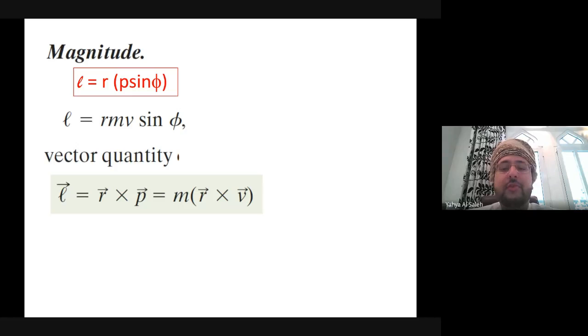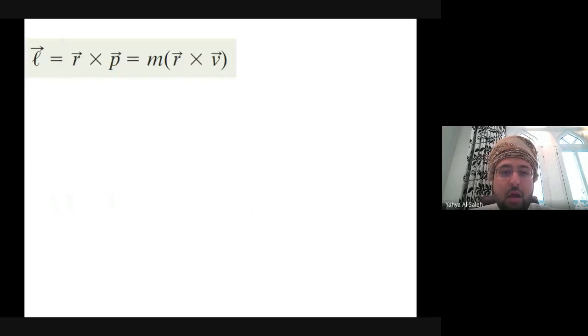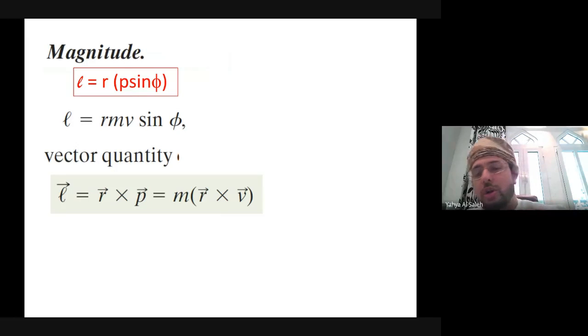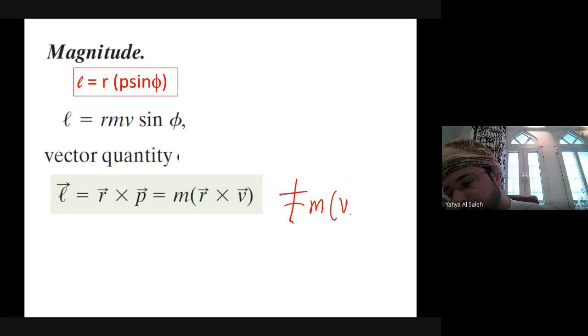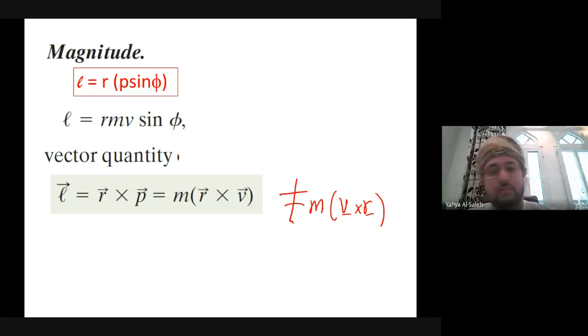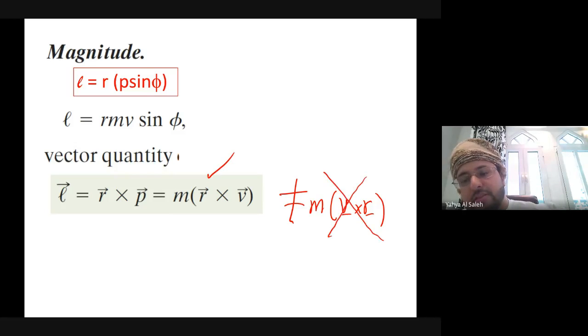Now be very careful, there is a cross product here. And it says M R cross V, which is not the same as MV cross R. Very, very, very important. These two are not the same. This is angular momentum. This is not.